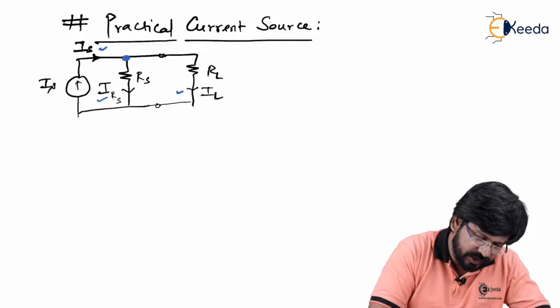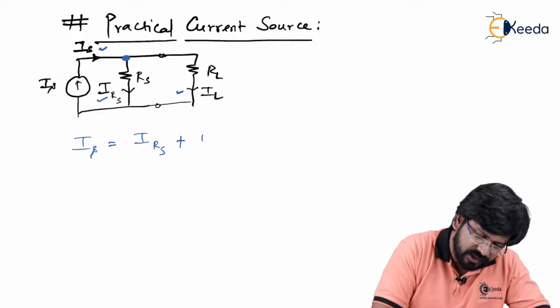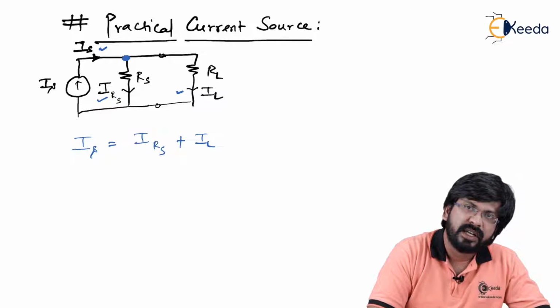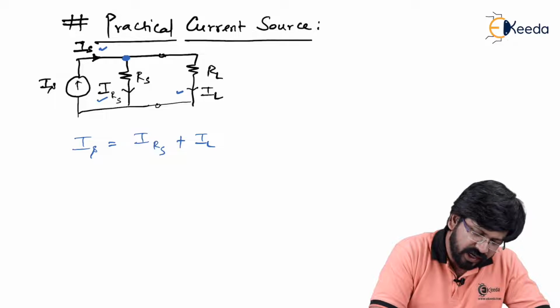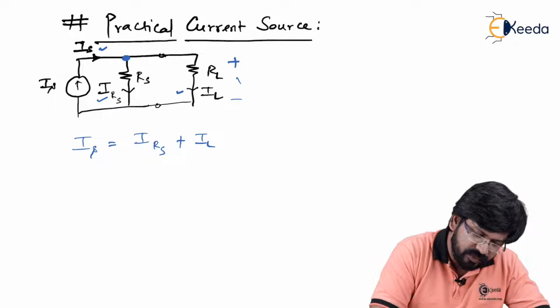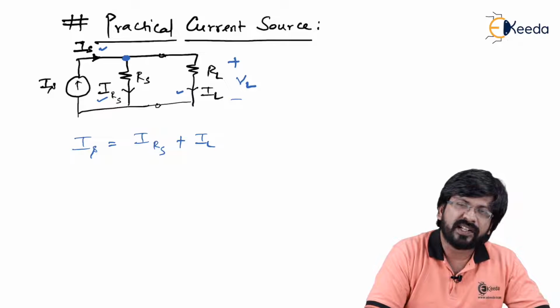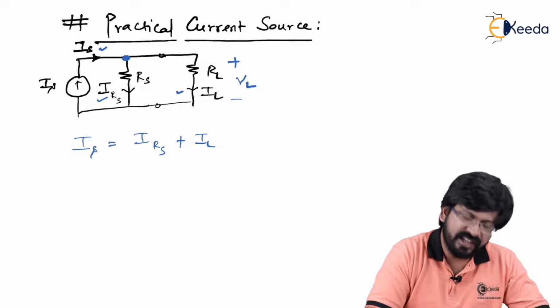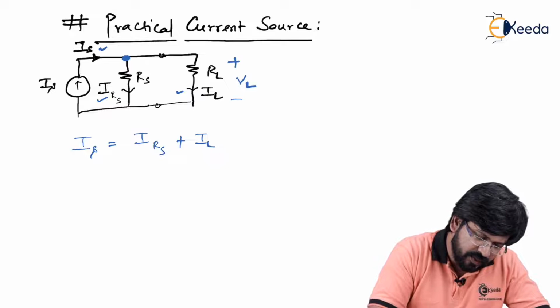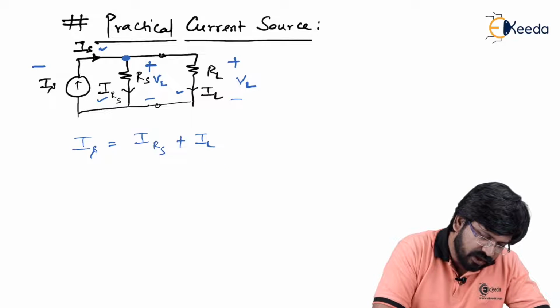So I can write an expression like this: IS equal to IRS plus IL. If IL is the current which is flowing through RL, I can assume the load voltage plus minus VL here. We know the fact that voltage across a parallel circuit is the same, meaning that if this is plus minus VL, then voltage across this will also be VL. In fact, voltage across the current source will also be the same value, VL, right?